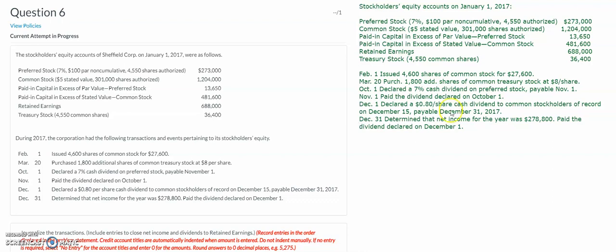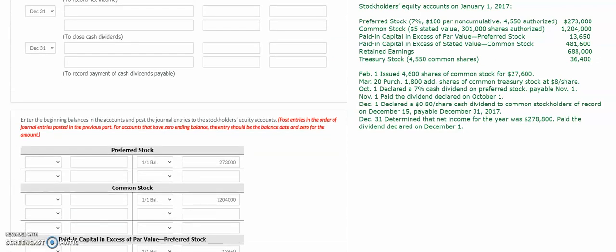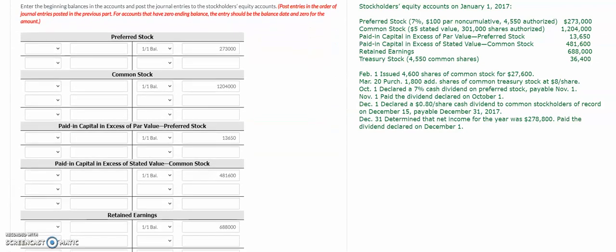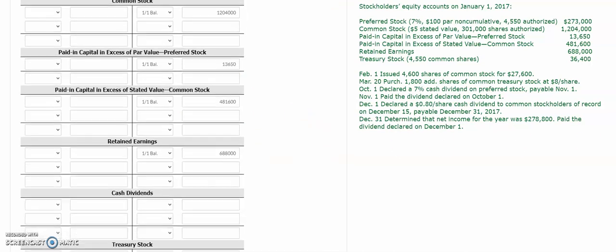In this question, we need to journalize the transactions, but before we do so, we're going to start by entering the beginning balances in the accounts. So we have all of these beginning balances on January 1st, and I already started us off here by including the balances on the credit side for preferred stock, common stock, paid-in capital in excess of par value, and the stated value for the preferred and common stock, and retained earnings.